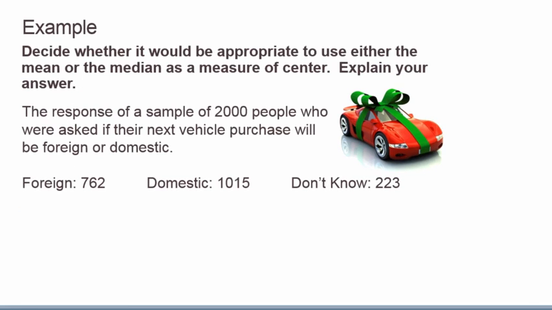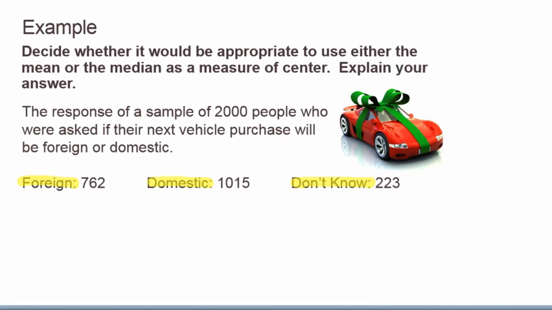Decide whether it would be appropriate to use either the mean or the median as a measure of center. Explain your answer. So we have the same data set with our foreign, domestic, and don't know responses. Because our data are qualitative, they're just labels.